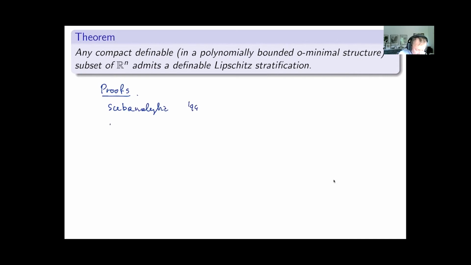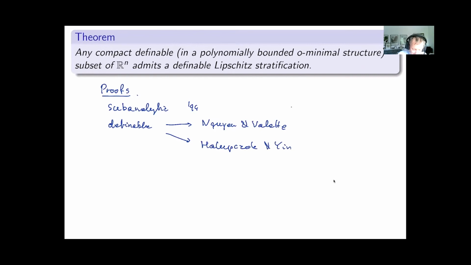And for definable in polynomially bounded o-minimal structures, there are two proofs. One proof is by Nguyen and Valette, and the other is by Chalupchok and Yin.